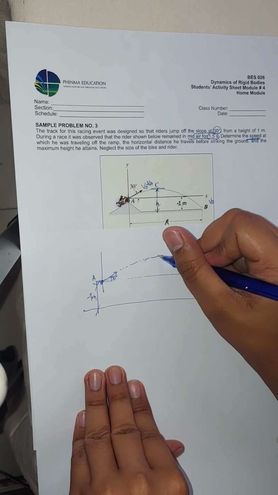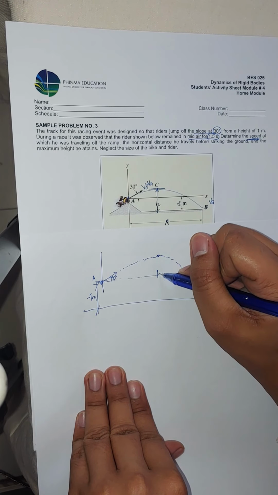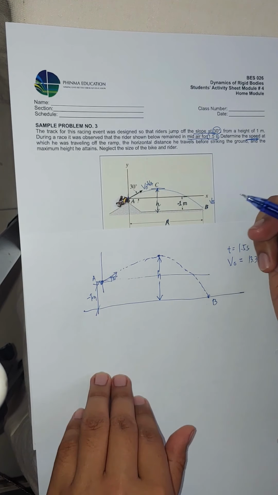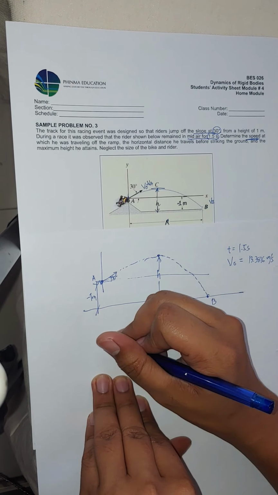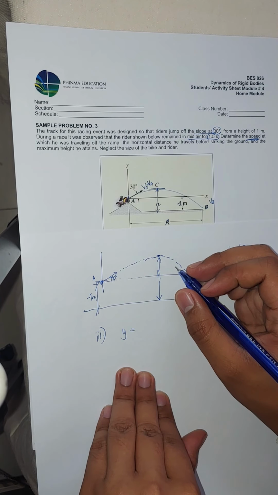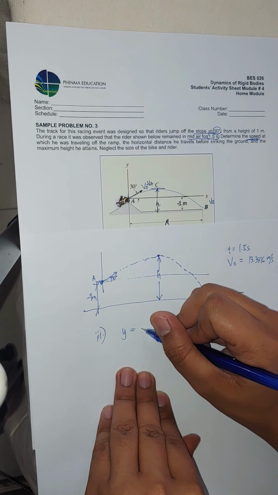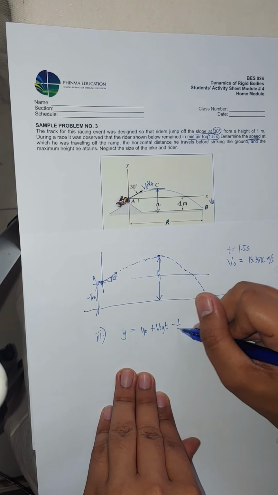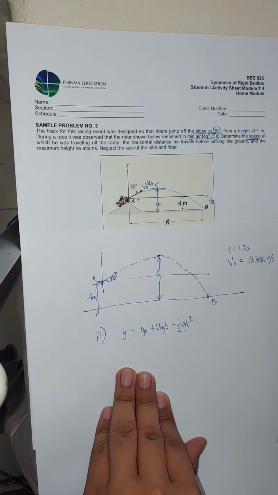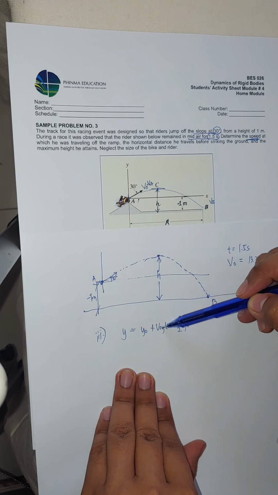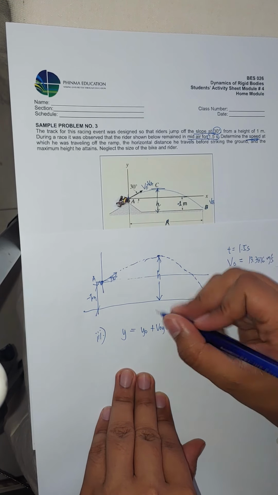So where do we solve the highest point, the highest height? We will use the vertical component, y is equal to y naught plus VOY t minus 1 half gt squared. Let's check. You have the initial position 0. You have the VOY and the time. We don't know the time, so this is unknown.